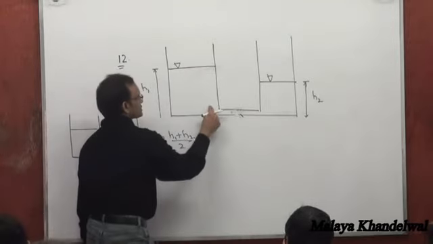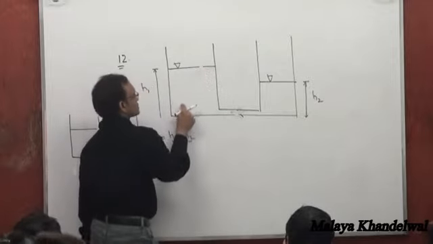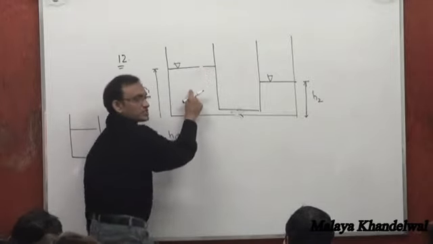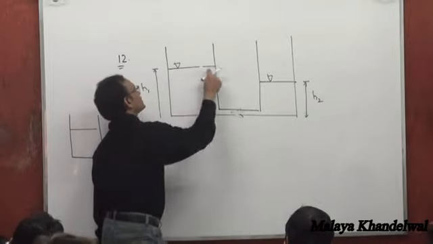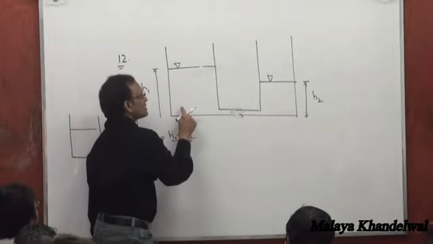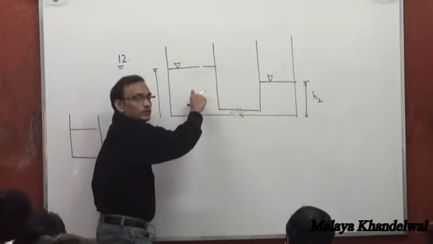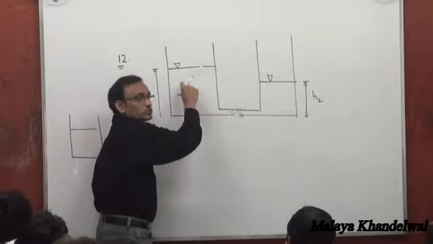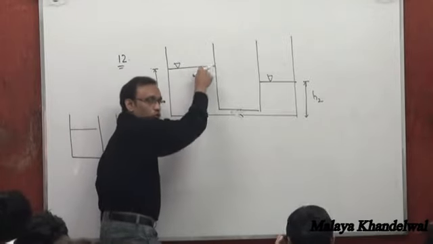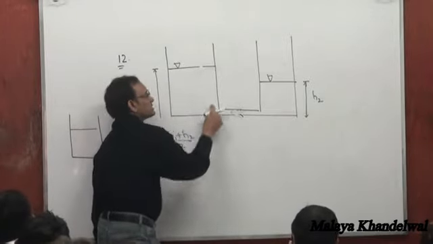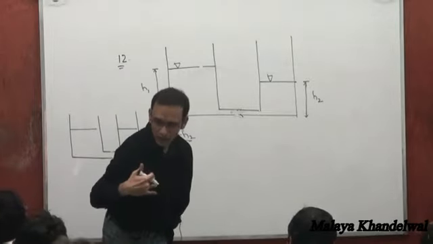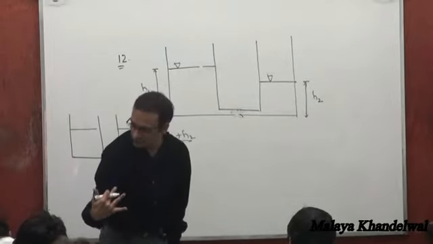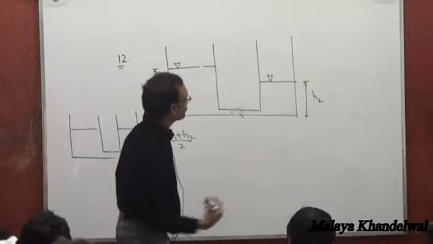Now, as far as this liquid is concerned, in the initial stage, it has some potential energy. To calculate its potential energy, I can replace this entire mass by a point mass at H1 by 2, because it's a uniform g over this region. Yes or no?